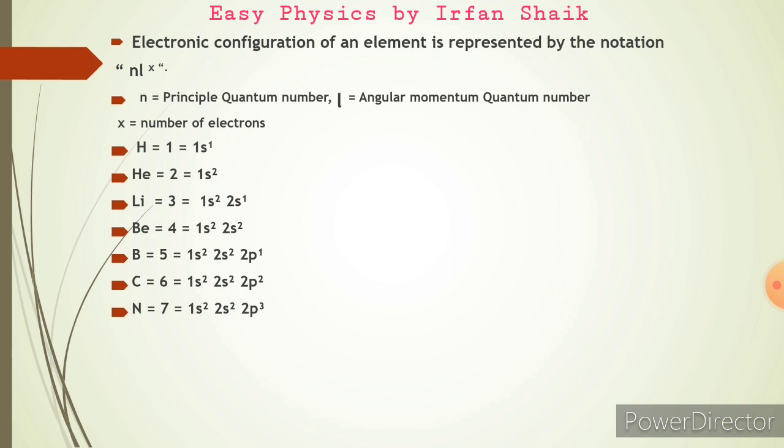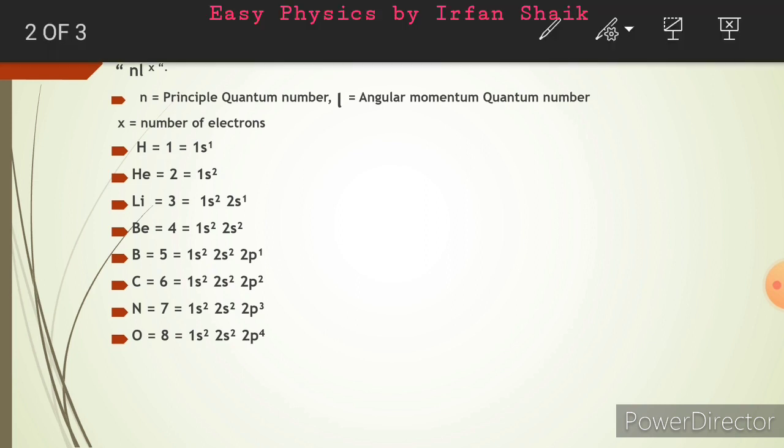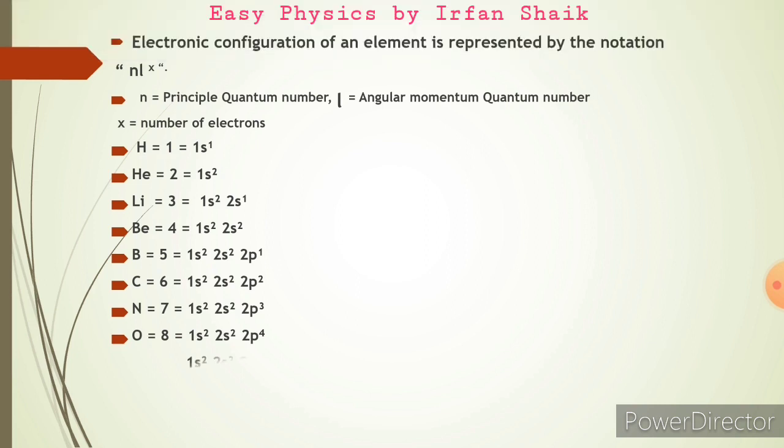Its electronic configuration is 1s2, 2s2, 2p3. Next element is oxygen, atomic number 8. So 8 electrons it has. Configuration will be 1s2, 2s2, 2p4. Next, fluorine. Atomic number 9, its electronic configuration 1s2, 2s2, 2p5.